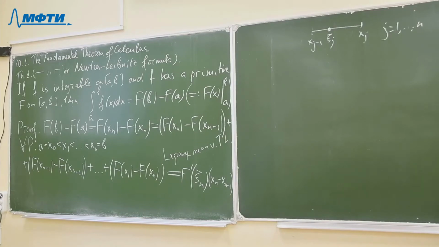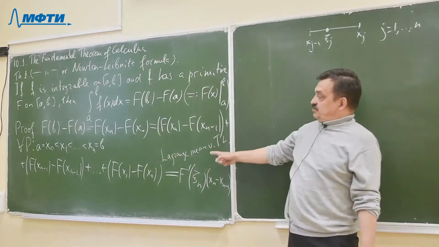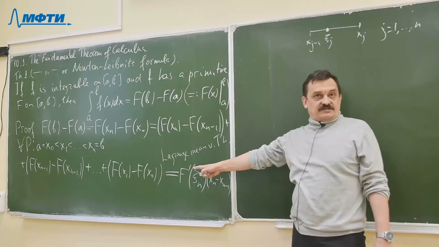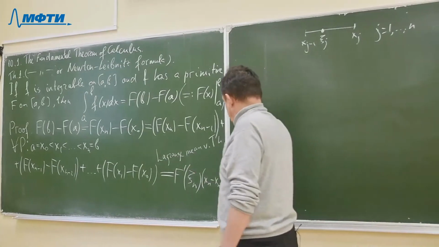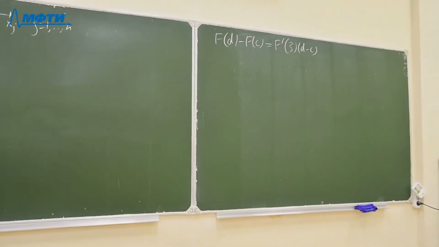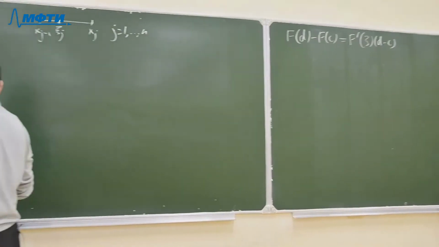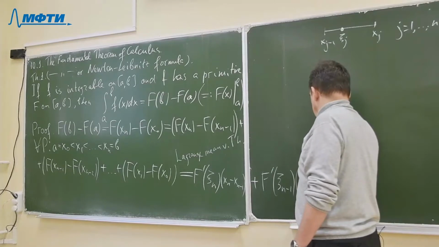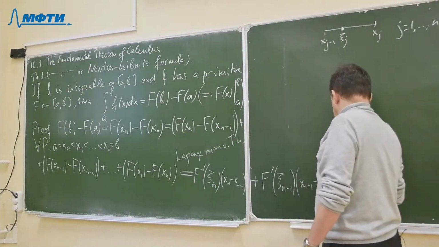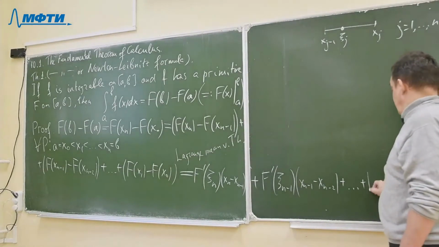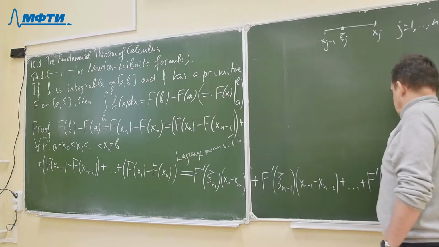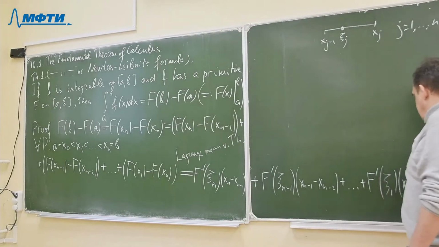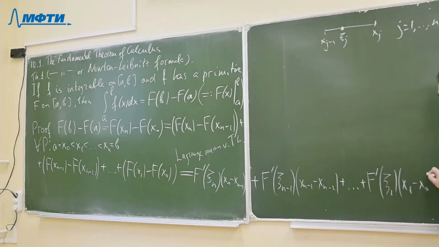And I apply it to each of the terms of that sum. So next, F prime at xi n minus 1 times xn minus 1 minus xn minus 2, plus and so on, plus F prime at xi 1 times x1 minus x0. And what is it?